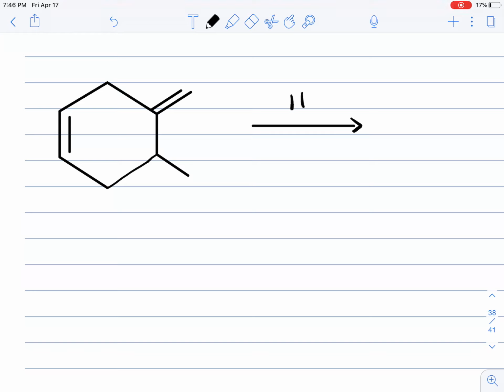And so here we have H2, and I'll just put a nickel this time. So remember, nickel is one of those metallic elements that can catalyze this reaction. And so if we have two double bonds, this is where your hydrogens are going to add themselves onto this molecule, replacing the double bond with that of a hydrogen.